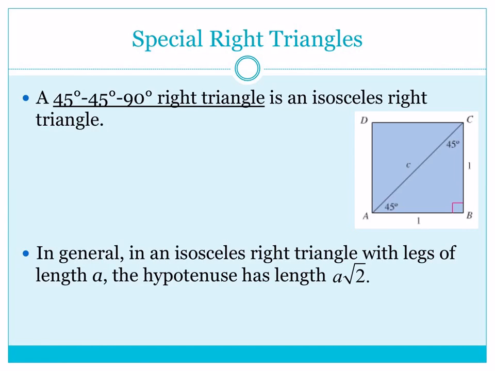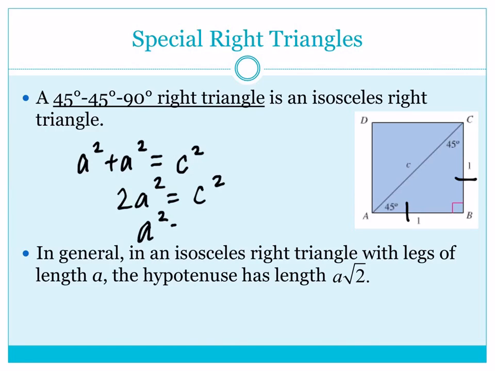So in other words, if you knew for sure, and you do know in this one that these 2 sides are the same, then you would have a squared plus a squared equals c squared, right? So 2a squared equals c squared, or a squared equals 1/2 c squared.